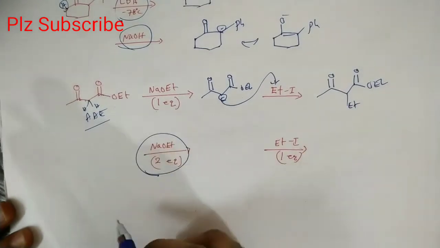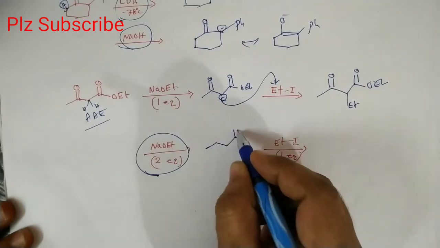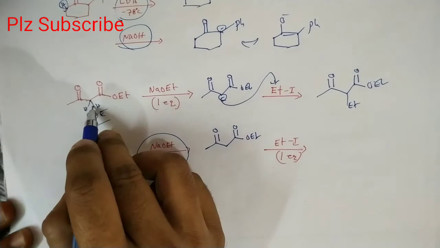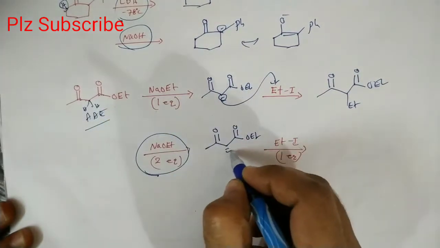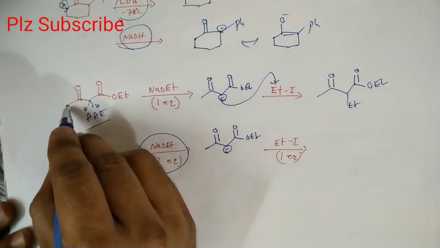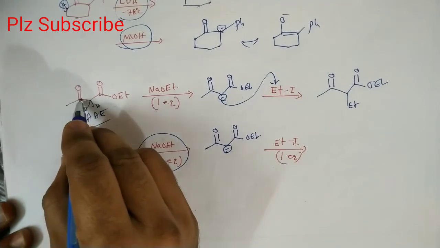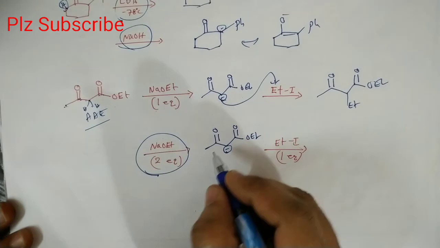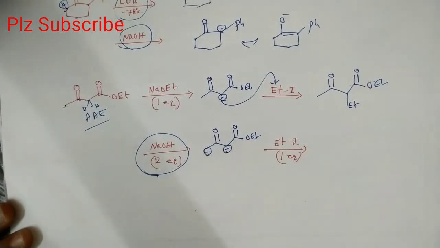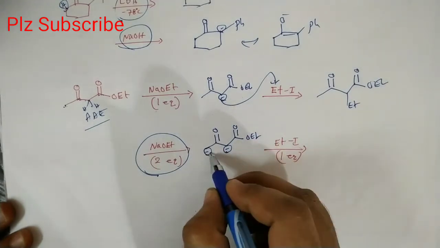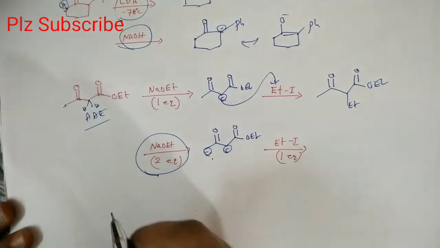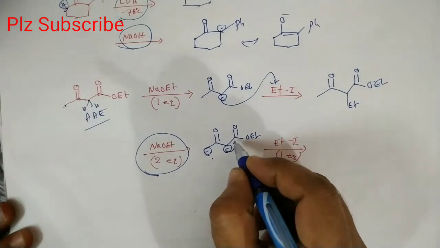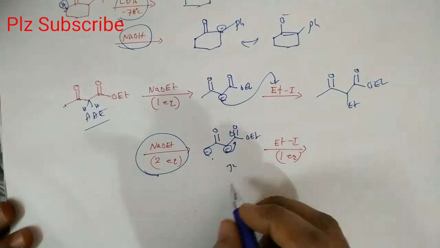Now by using two equivalents of the base, after removal of the proton from this carbon, the next proton is removed from this carbon, because this is also alpha hydrogen to the electron withdrawing group. So slightly these hydrogens are acidic in nature, so we get a dicarbanion. So between these two, which is more nucleophilic, which is attacked by the ethyl? Generally this negative charge is involved in conjugation with both groups.